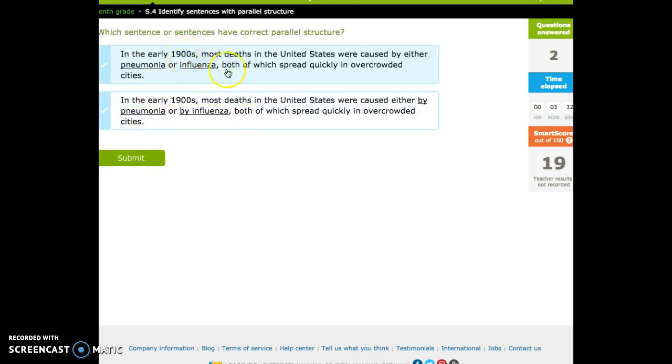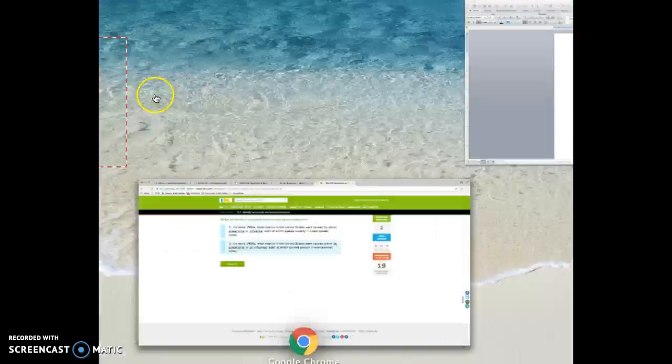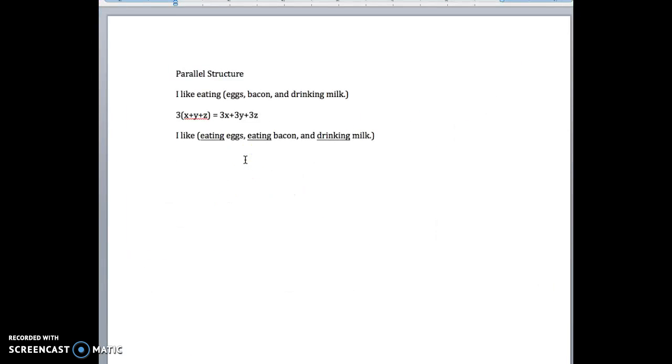In the early 1900s, most deaths in the United States were caused by either pneumonia or influenza. Okay, this is an exception. It's good to talk about. Either or. If we have either or, neither nor, or not only but also, these are other ways of forming a sentence that still need to be parallel.